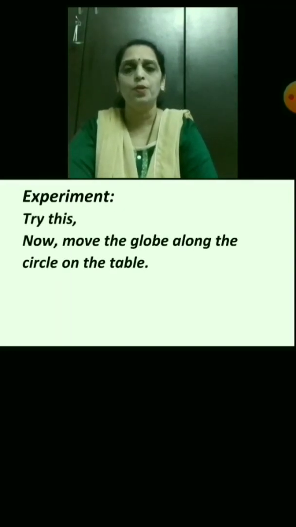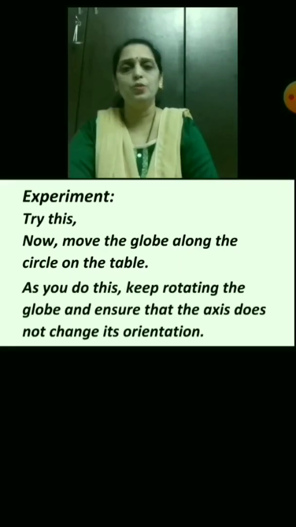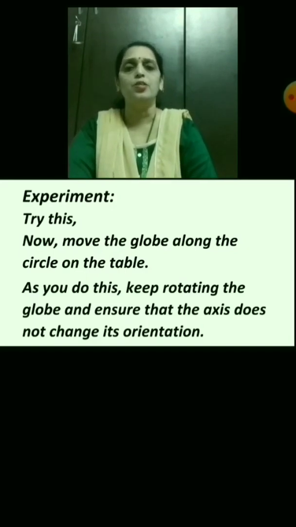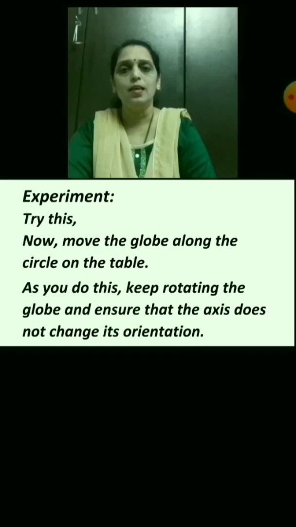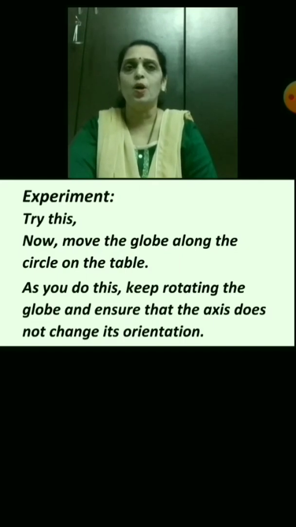Now, move the globe along the circle on the table. As you do this, keep rotating the globe and ensure that the axis does not change its orientation. Students, orientation means the position or direction the object faces.